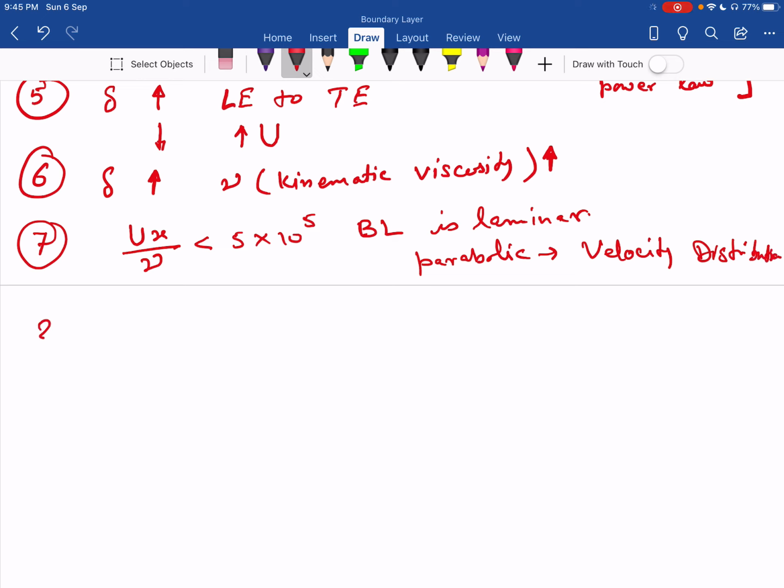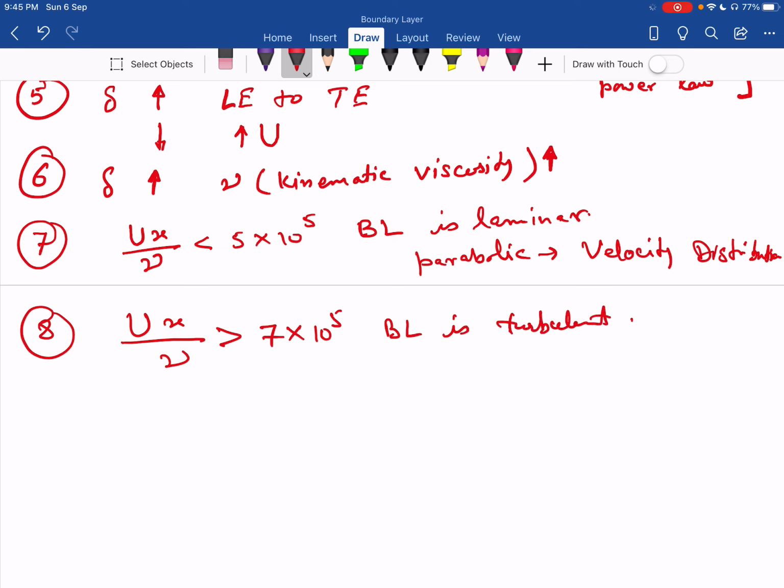If this factor is greater than 7 into 10 raised to power 5, the boundary layer is turbulent, and the velocity distribution is given by the power law, that is the 1 by 7th power law.